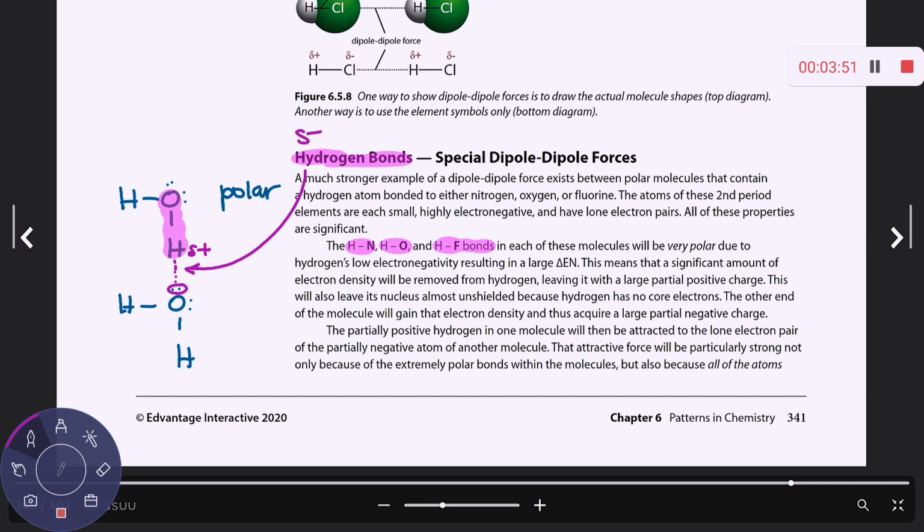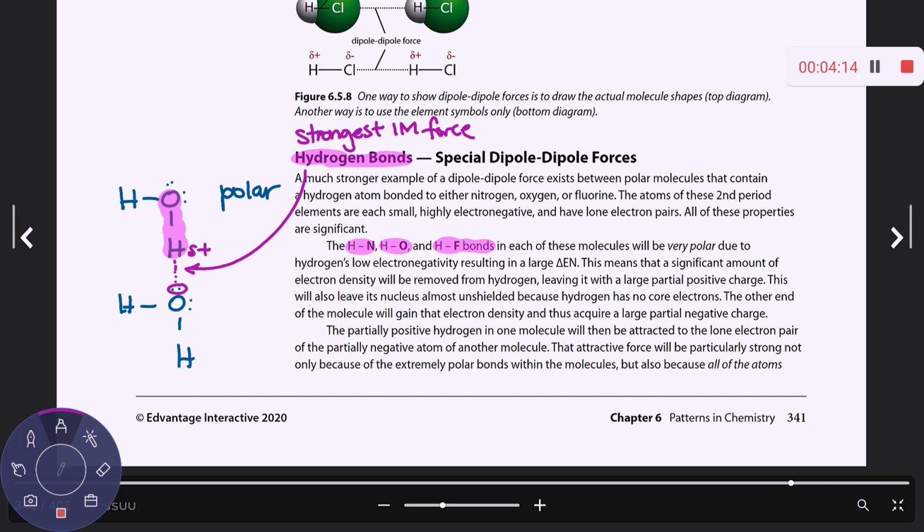Hydrogen bonds are going to be the strongest of the intermolecular forces. Intermolecular is often abbreviated IM. Just keep in mind that it has to be a polar molecule first and have one of those three bonds present in order for it to hydrogen bond with something else.